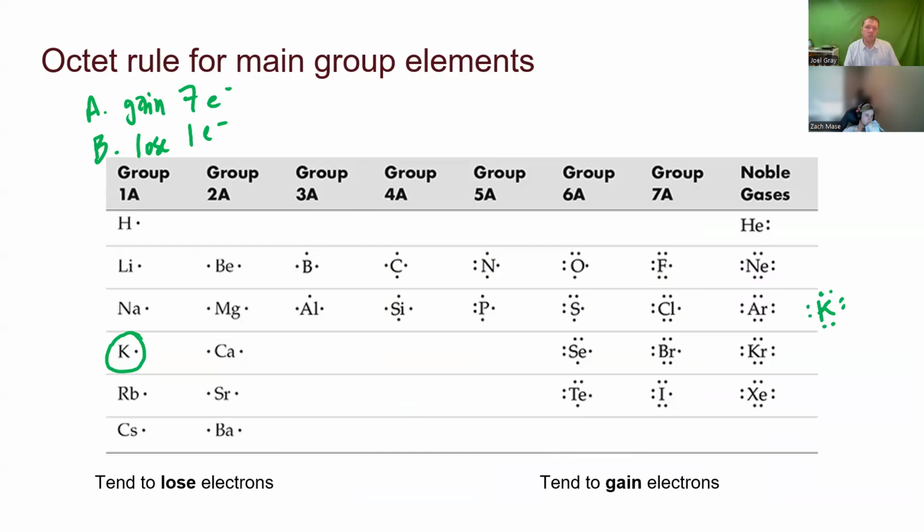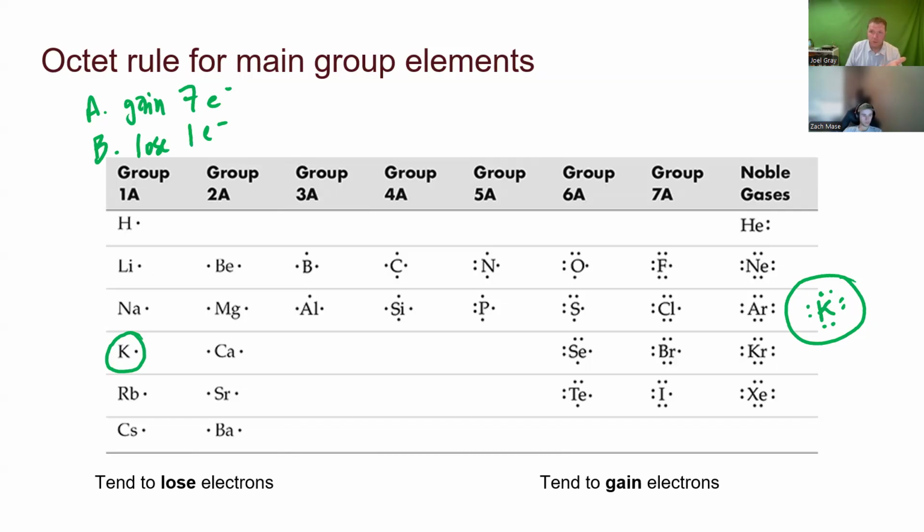When potassium loses one electron and it has this situation right here, what's that word that we said that starts with an S? It has now achieved stability. It's stable. Now, with that in mind, it's stable, but do you think that it has a charge? Y or N, does it have a charge?